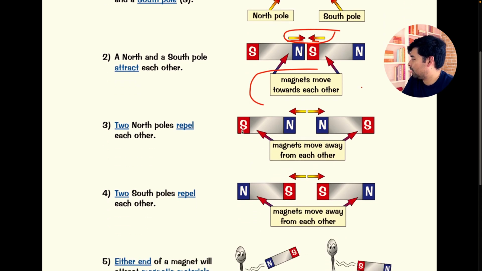Three: two North poles repel. Repel each other. If attract makes them closer, repel makes them go far away from each other. You get it?